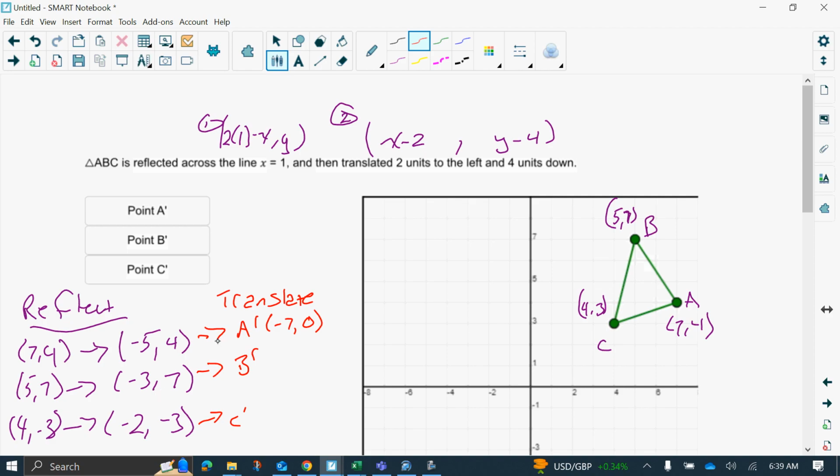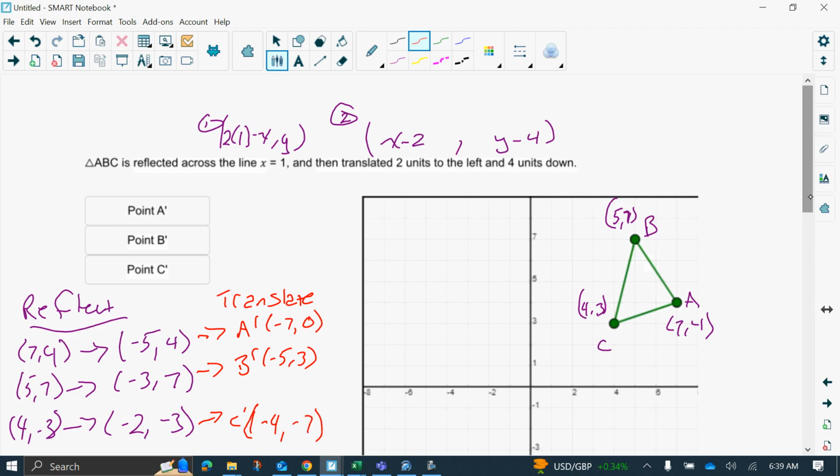Negative 3 minus 2 is negative 5. 7 minus 4 is 3. Negative 2 minus 2 is negative 4. Negative 3 minus 4 is negative 7.